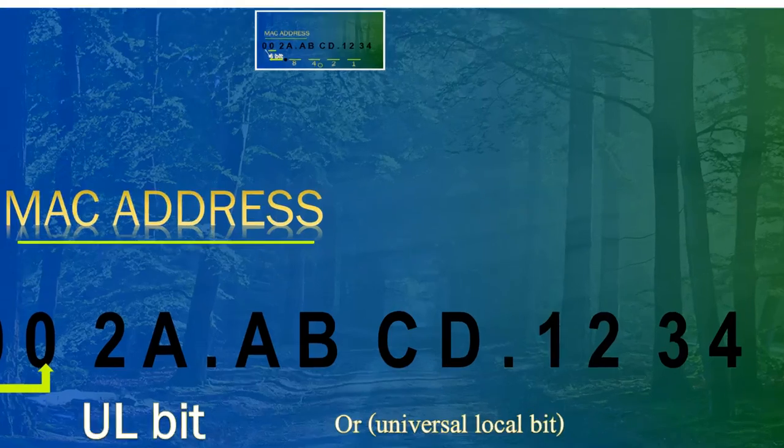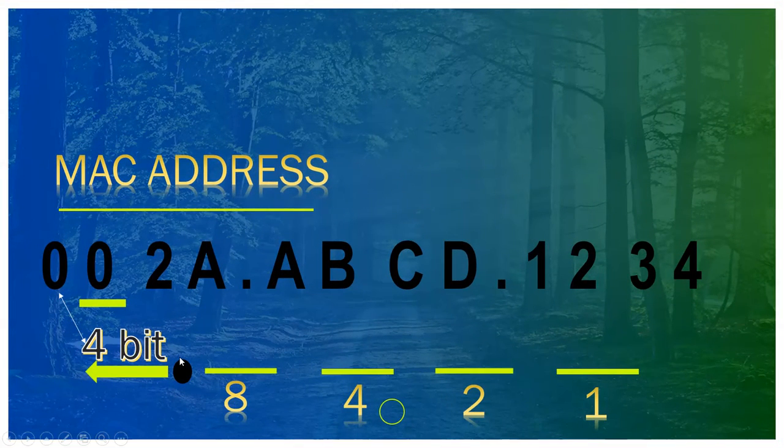So the 7th bit will reside in here, right, on this 0. So let's expand this 0. Every hex number in a MAC address is representing 4 bits. So this 0 over here is representing 4 bits, and this 0 also here is representing 4 bits. So the 7th most significant bit is residing in this 0 over here.